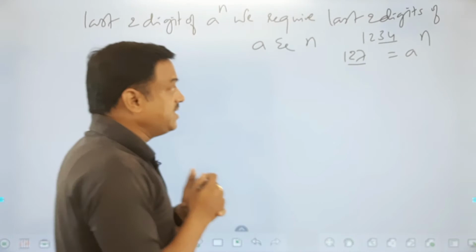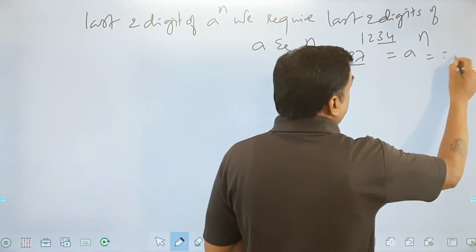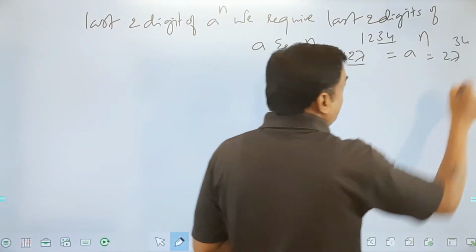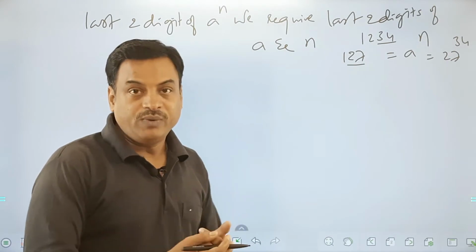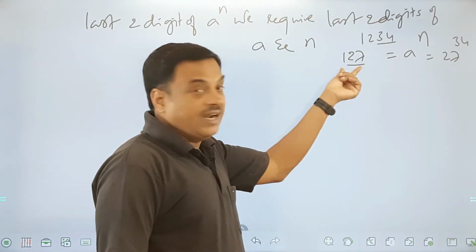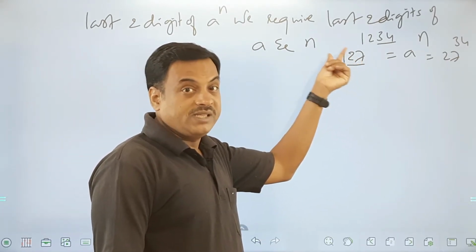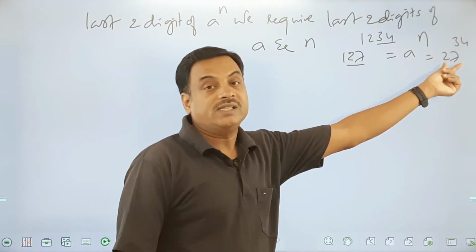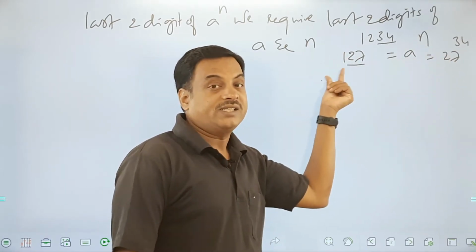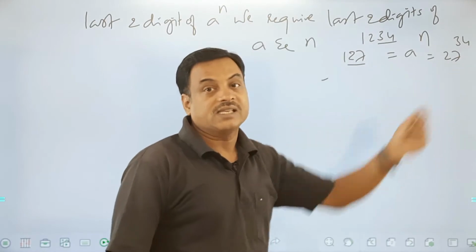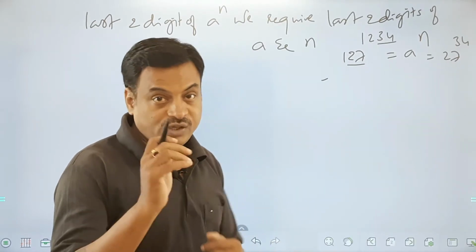That means I'll just consider 27 to the power of 34. Finding the last two digits of this will be the same as finding 27 to the power of 34, or the last two digits of both cases will be the same. So that's your first point.